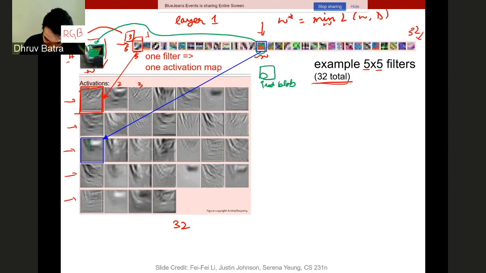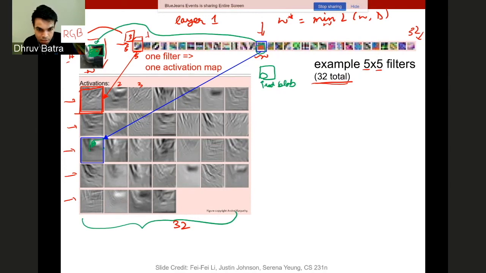And therefore, at this particular value, we have high positive values being stored. So it's a red blob detector that is firing at that location in the top left. And so these are our activations at the end of the first layer of the CNN.